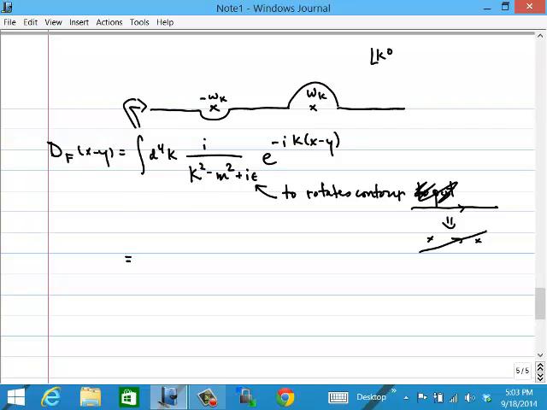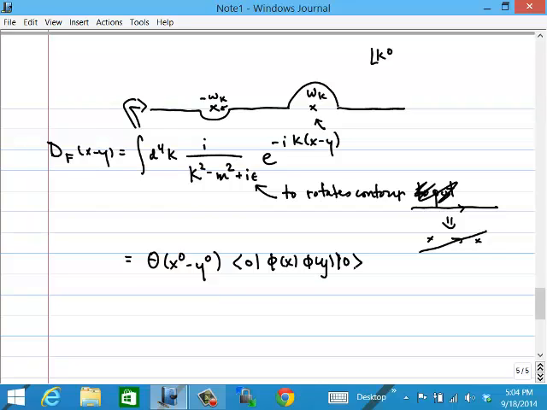In that case, you only pick up one of the poles, and you don't pick up the other pole. Now, remember that one of these poles gave the expectation value of φ(x)φ(y), and the other gave the expectation value of φ(y)φ(x). So that means that when x⁰ is bigger than y⁰, you get the expectation value of φ(x)φ(y).